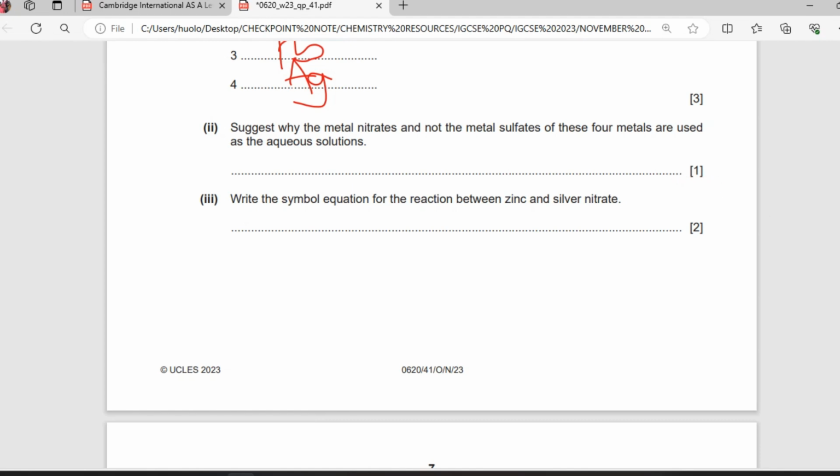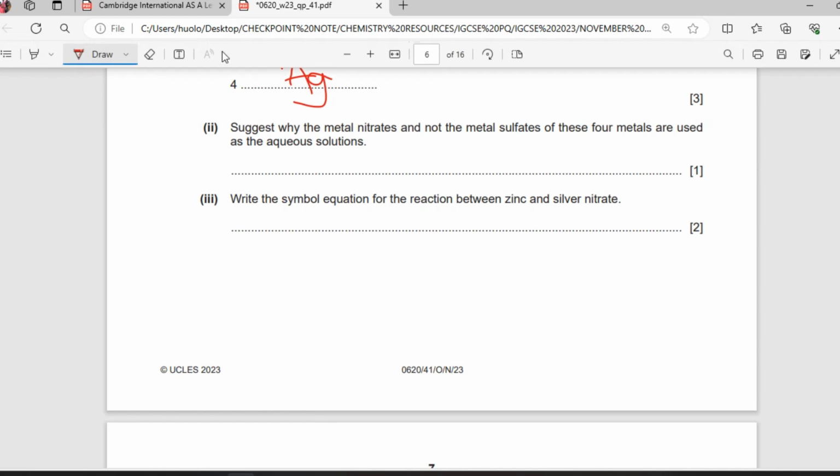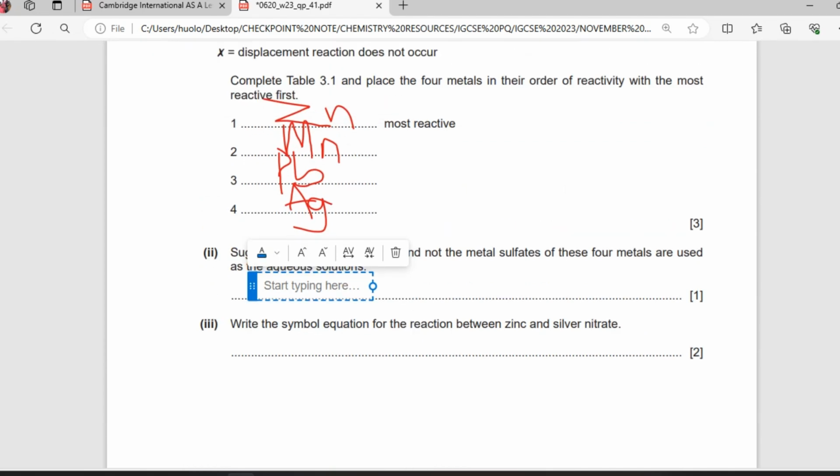So to prevent that, we want all the metals we use to be soluble. We don't want a situation where the reaction will be stopped. If you put something that is insoluble, that insoluble substance is going to coat around the metal, and the reaction will not take place again.